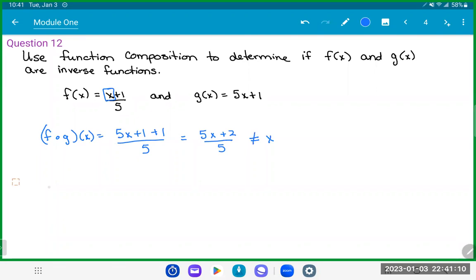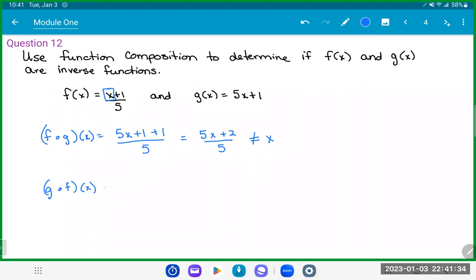But I want to also show you how we could have done it in g of f of x as well. But know that once you get one of the compositions not equal to x, then they are not inverses, because they must both be equal to x once you do that composition.